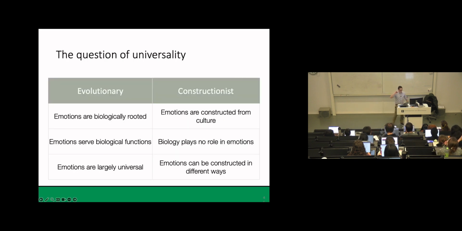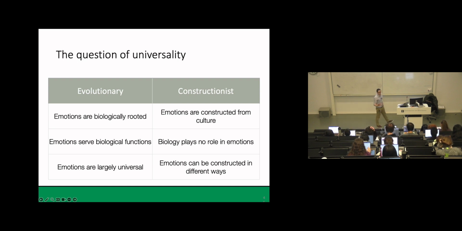Interesting. So this question about basic emotions brings us back to the topic of universality, and I know you guys have probably heard about this 200 to 500 times by now, but I'll be the 501st time to remind you. From this evolutionary perspective, emotions are thought to be biologically rooted. They're thought to serve different biological functions, and they're largely universal.